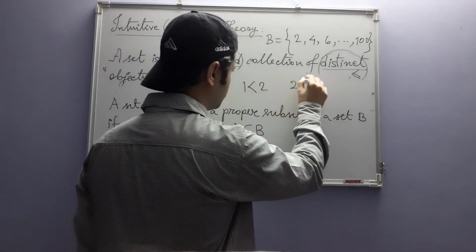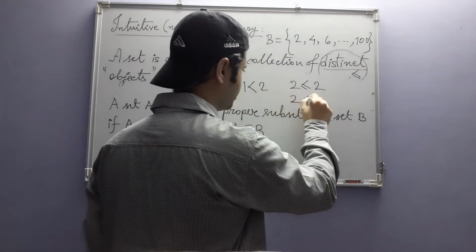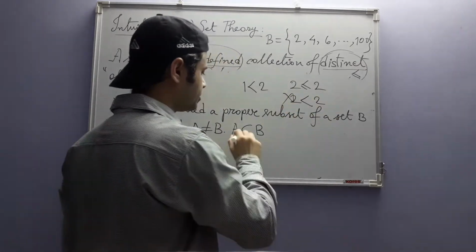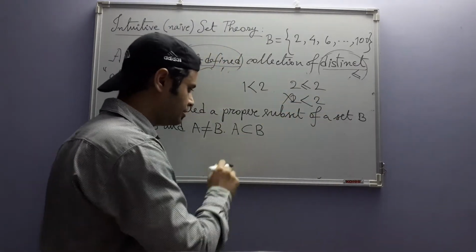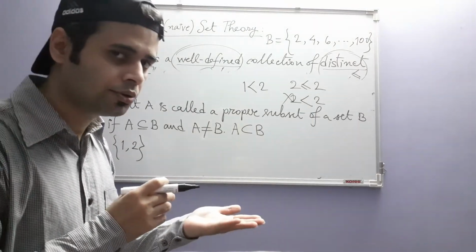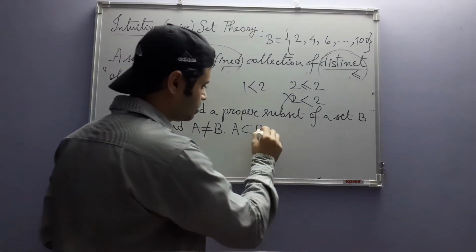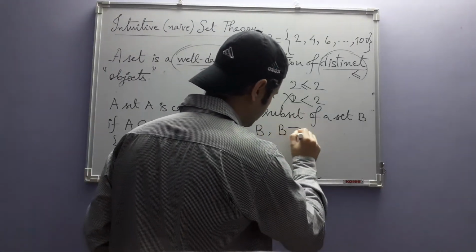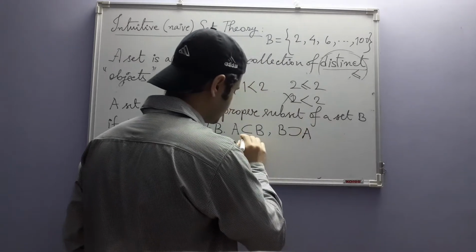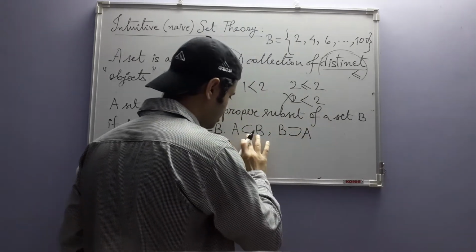So while you can write 2 less than or equal to 2, you cannot write 2 less than 2. So A is less than B means A is inside B, but B has something more. So A is properly contained in B, or B properly contains A. We just remove these equality bars.